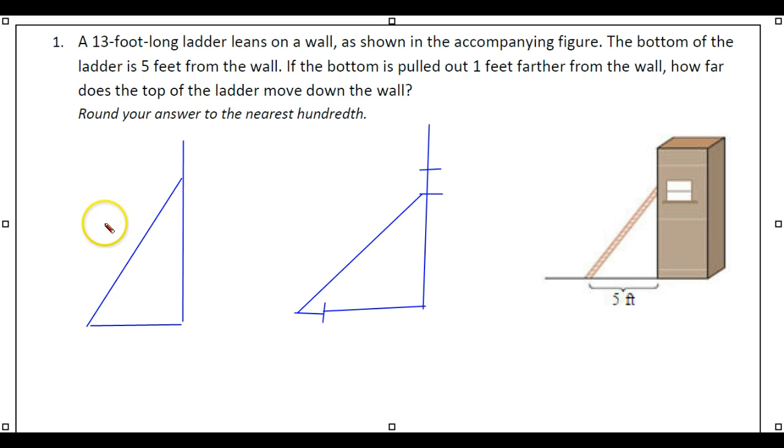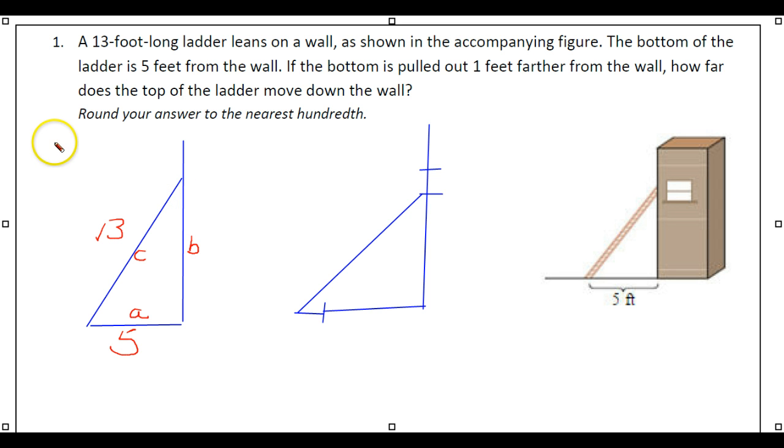So we have a 13-foot ladder that's leaning against a wall, and it's 5 feet away from the wall. So in a sense, this is our A side, our B side, and our C side, the hypotenuse. So the first thing we have to find is, what is our B value?